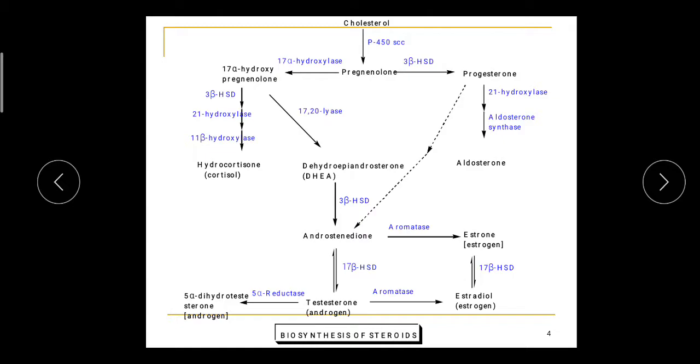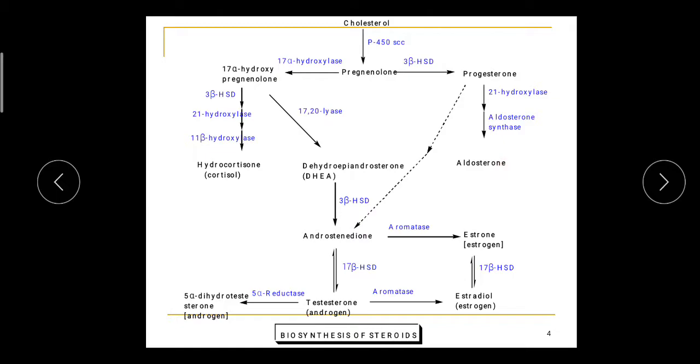So this is the biosynthesis pathway of steroid hormones like testosterone, estrogen, androgen or aldosterone.